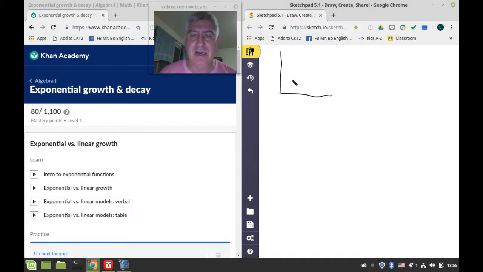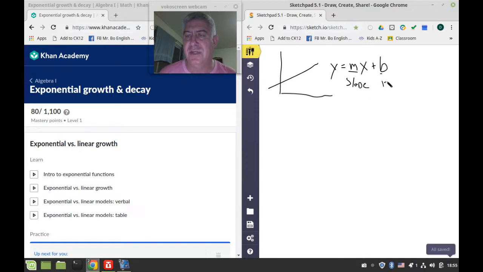Let's talk about linear. If we have a line, we can write that line in slope intercept form. Y equals mx plus b, where m is slope and b is the y intercept. It makes a straight line, and what that means is we can look at the slope.